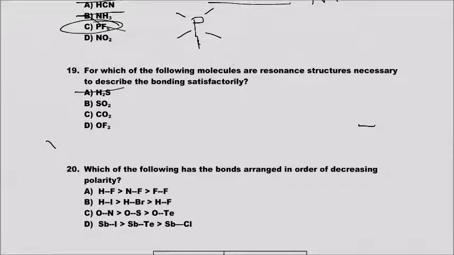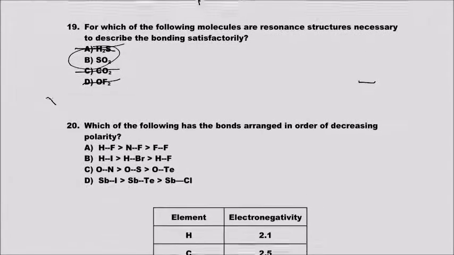All right, D, when we draw that, oxygen is going to have single bonds with the fluorines, and then you look at carbon dioxide, we always draw it with two double bonds, and that was based on formal charge, so our answer is going to have to be B. You're welcome to practice drawing that. Would be a good idea.